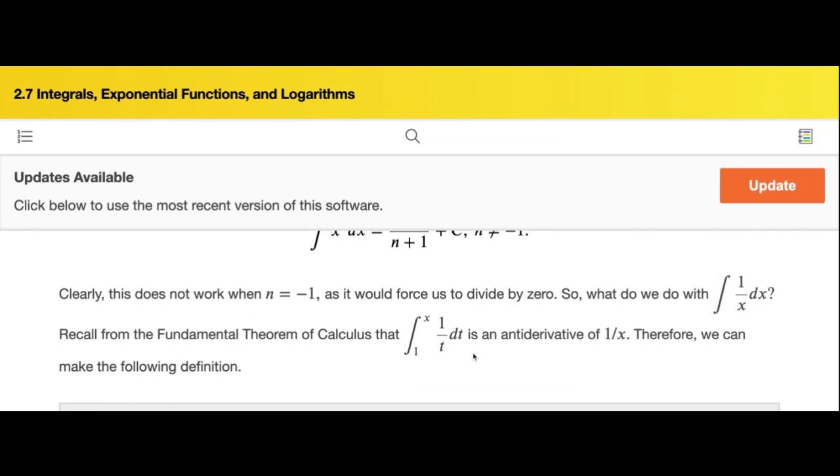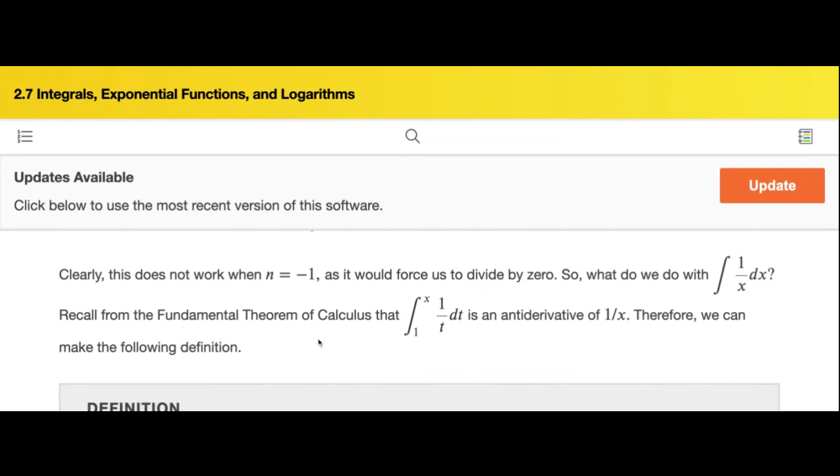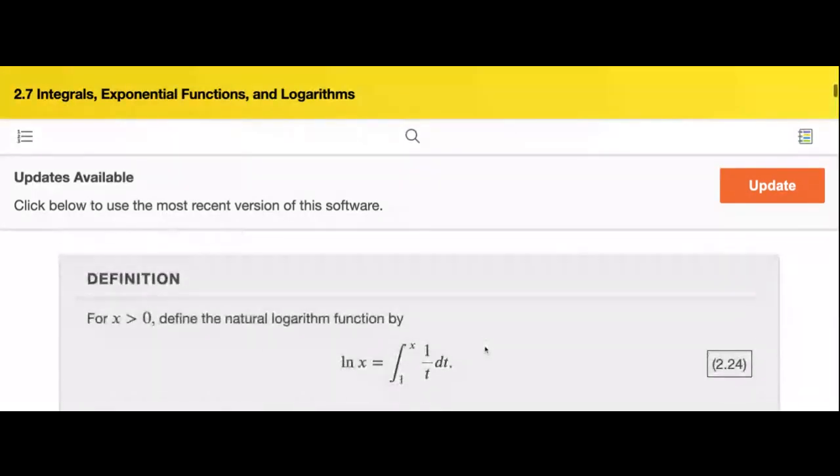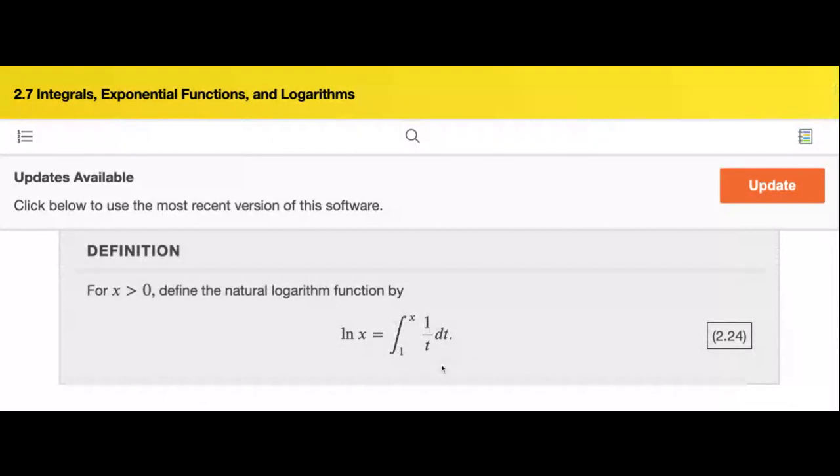So what do we do? From the fundamental theorem of calculus part 1, the integral from 1 to x, 1 over t dt is just the antiderivative of 1 over x. So we make this definition. Natural log of x equals the integration from 1 to x, 1 over t dt.